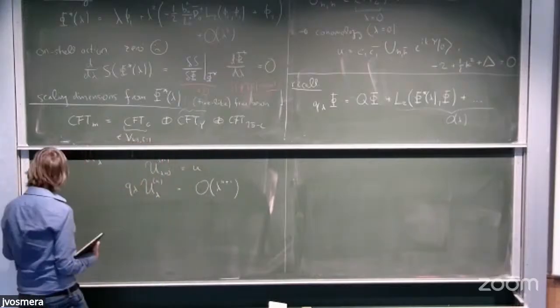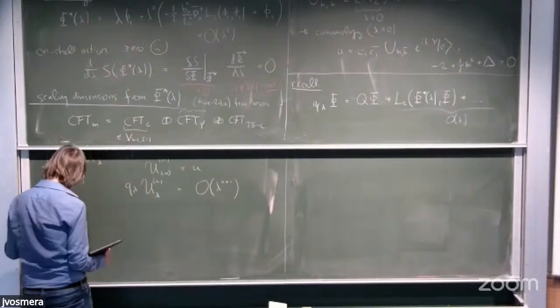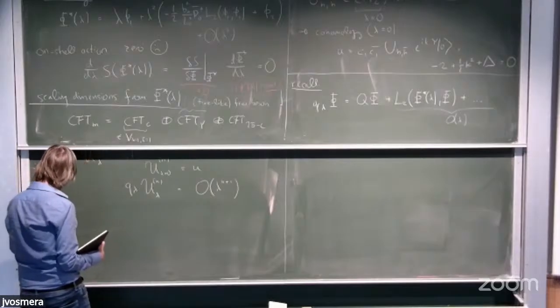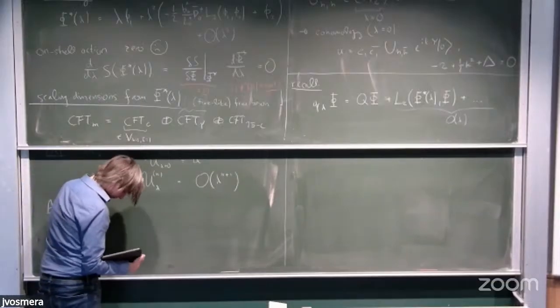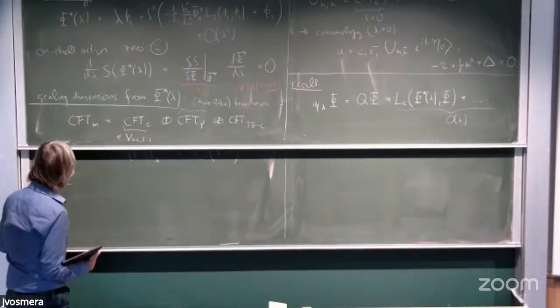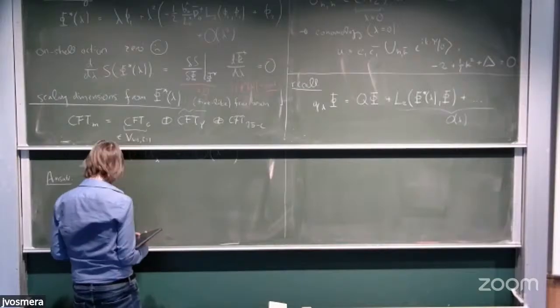And the ansatz for these states U lambda n which we'll be using will be as follows.